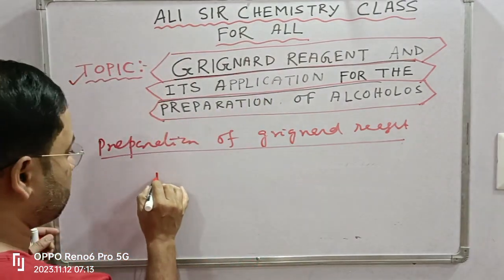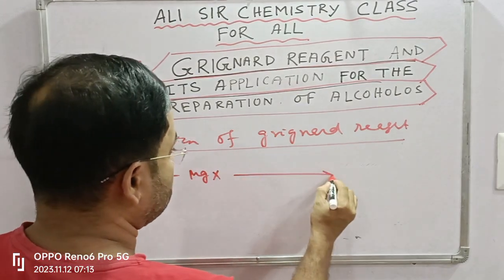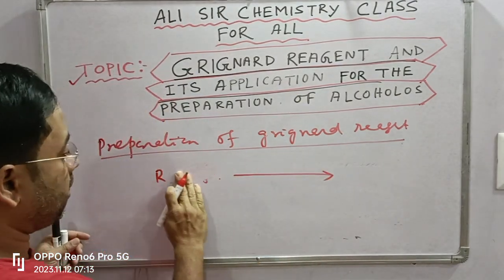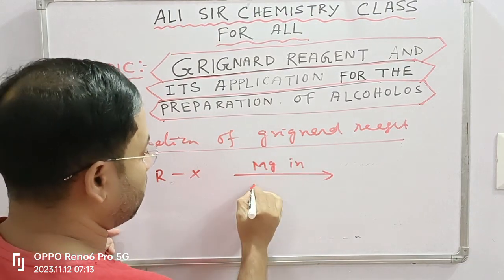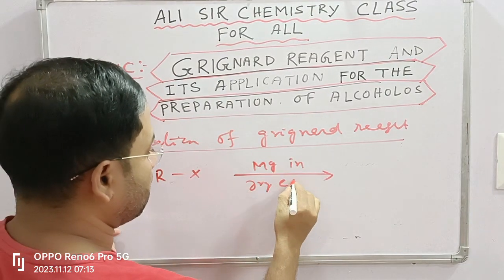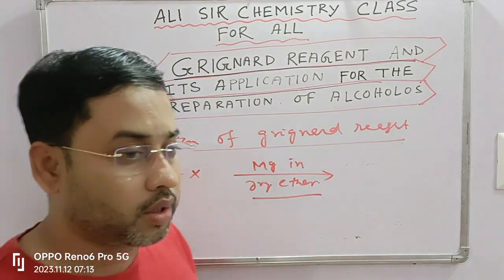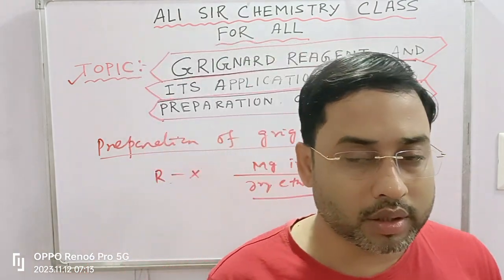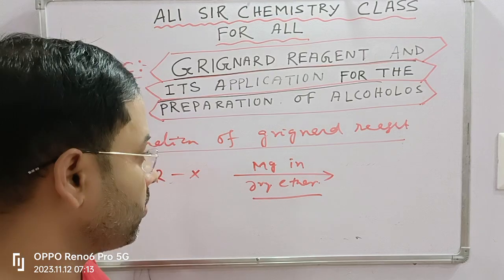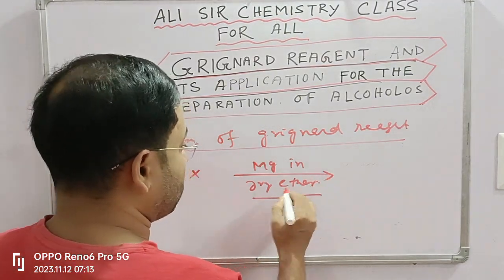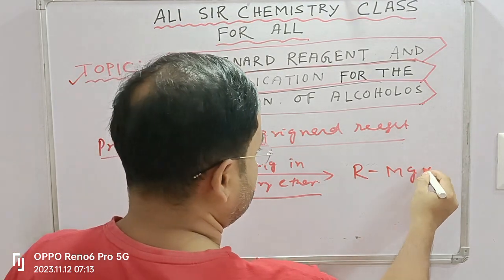So, we can write it like this: RX when treated with magnesium in dry ether. This is the most important solvent for the preparation of Grignard reagent, and the solvent must be dry. If the solvent is not dry, there are some problems. I will discuss it. So RX when treated with magnesium in dry ether, we will get RMgX.